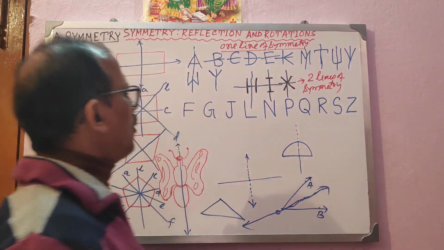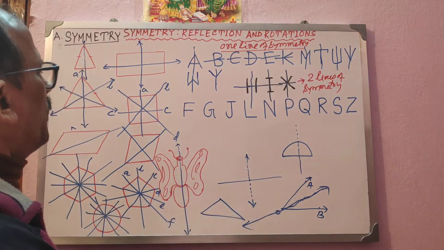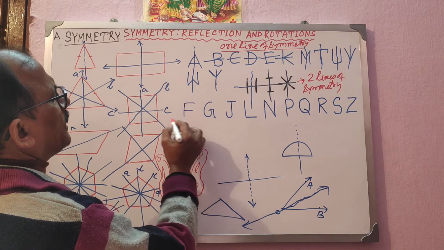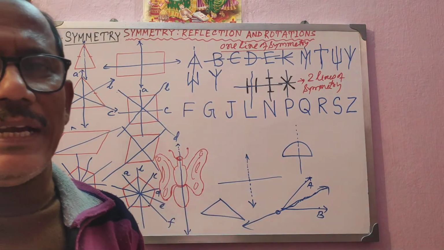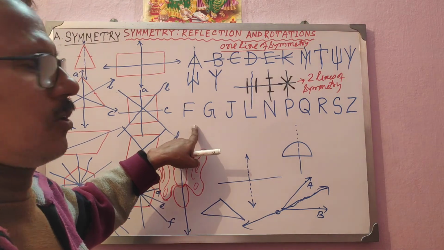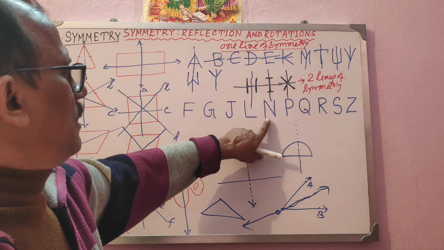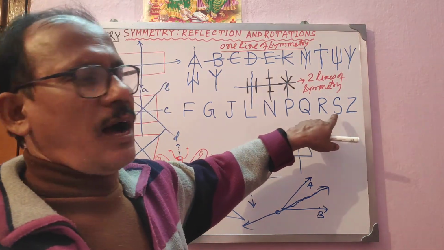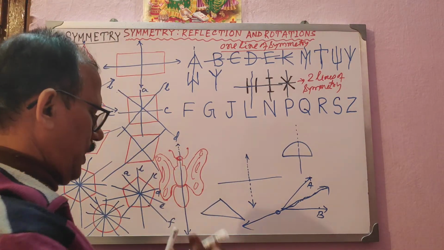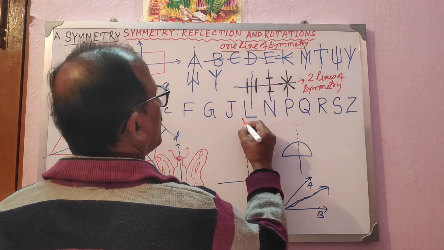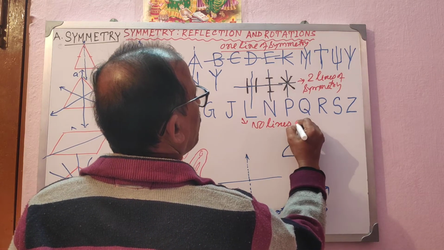Could you understand? Now children, I will tell you, these all are figures you see. F. Can you draw anyhow vertically, horizontally or diagonally? Can you draw any line of symmetry or axis of symmetry? F cannot, G cannot, J cannot, L cannot, N cannot, P cannot, Q cannot, R cannot, S cannot, Z cannot. This many letters in the English alphabet will have no lines of symmetry.